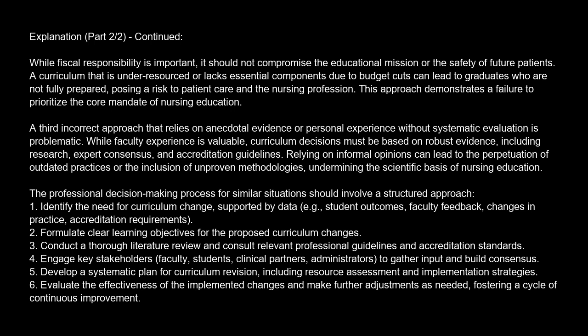Engage key stakeholders, faculty, students, clinical partners, administrators, to gather input and build consensus. 5. Develop a systematic plan for curriculum revision, including resource assessment and implementation strategies. 6. Evaluate the effectiveness of the implemented changes and make further adjustments as needed, fostering a cycle of continuous improvement.